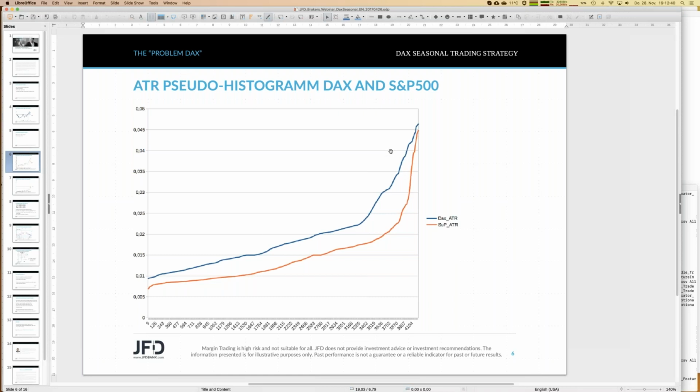And now you can think immediately, hey, that's interesting. So overall, the volatility, the ATR in percent, and percent is always what really counts. Think about any move. If we compare DAX and S&P 500, we have to think about percentage moves.